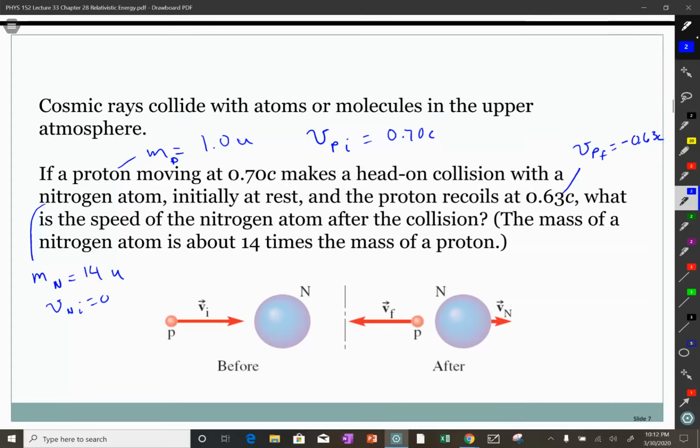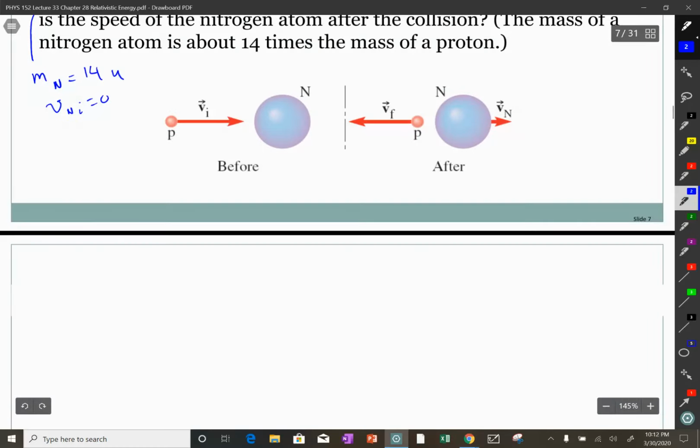Well, if we were doing this non-relativistically, this would be really simple. Non-relativistically, (I'll put parenthesis, wrong) solution would have been momentum initial equals momentum final.